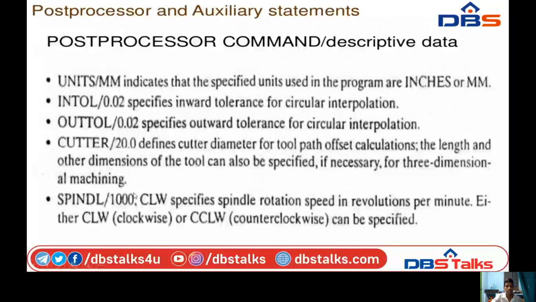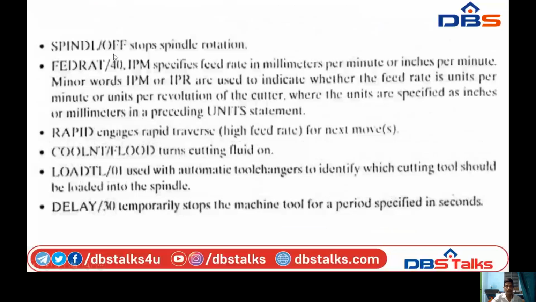Next, spindle speed 1000. 1000 is the spindle speed, rotating in clockwise direction. Spindle off stops the spindle rotation. Feed rate, rapid changes, coolant, flood or mist.